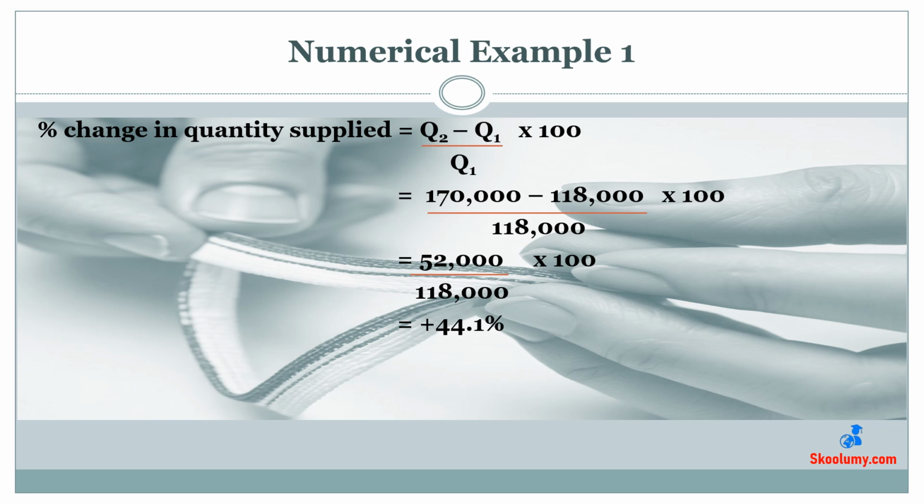Calculating percentage change in quantity supplied, Q2 minus Q1 divided by Q1 times 100. This is 170,000 minus 118,000 divided by 118,000, times 100. The answer is plus 44.1%.